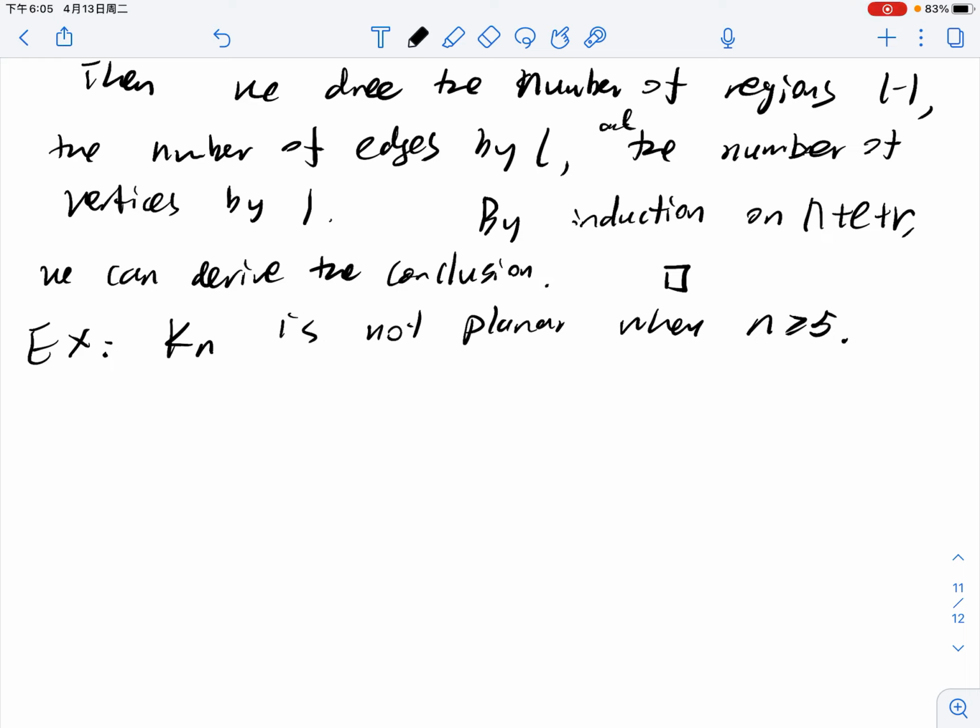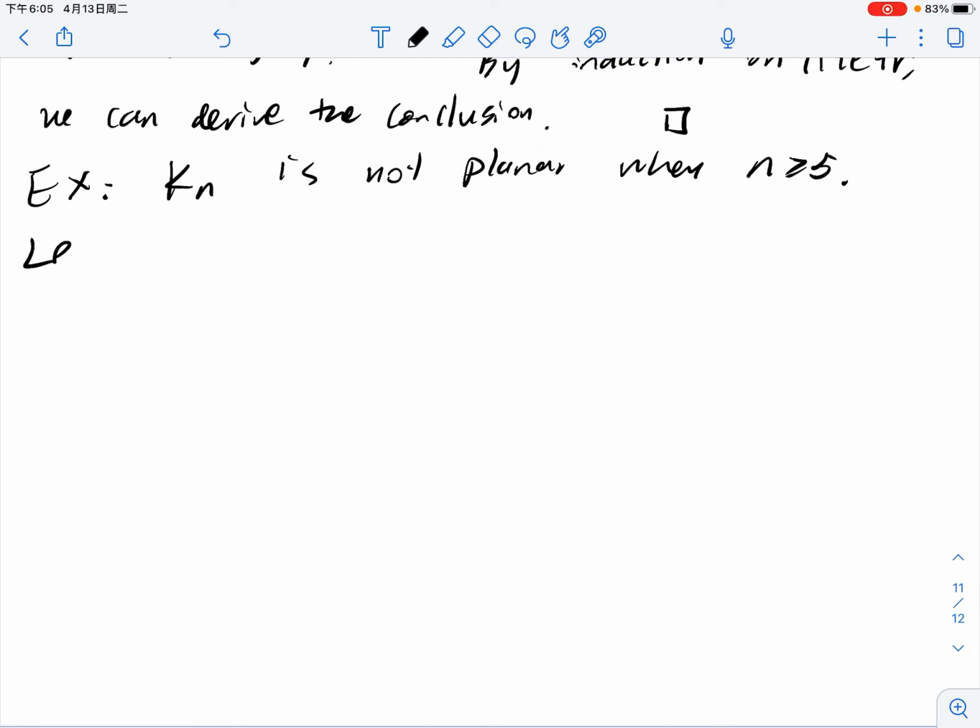Okay, but for K1, K2, K3, K4, they can be organized so that there's no intersection in between. So here we give a proof why this is true. So the theorem is only useful when we have some application for it.